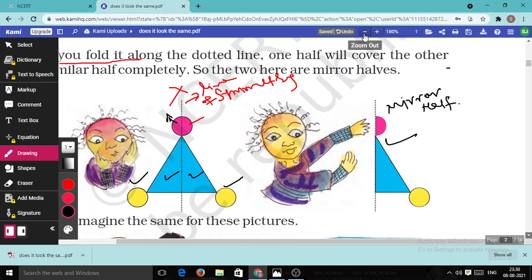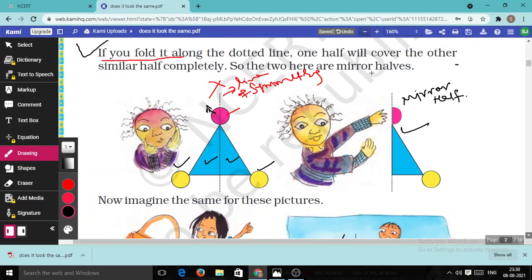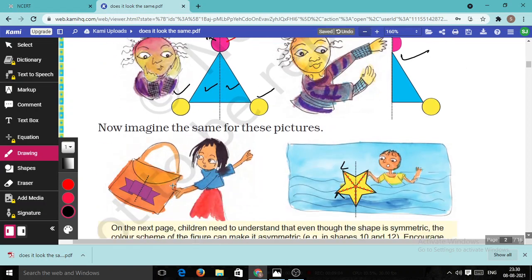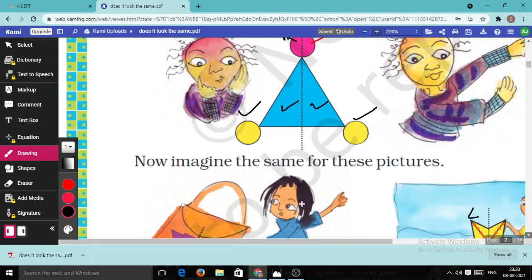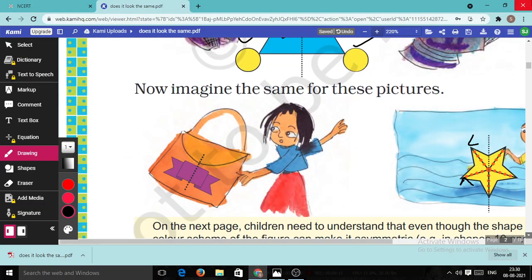Look here. Now imagine these pictures. Again I will zoom in. So you will clearly find that this is a dotted line. Look here. This is a dotted line. If you find it, this picture is exactly divided, this part is matched with this part. So it is called a mirror half.